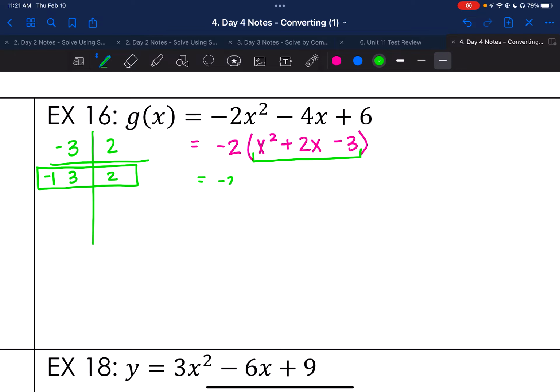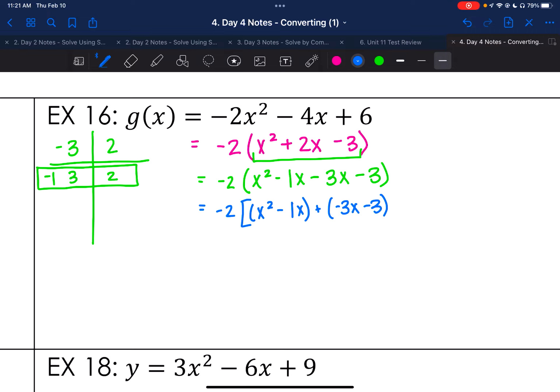So we'll rewrite that, busting up my B term. And then we will group. We'll take the GCF from my first group. My first GCF is x. It leaves me with x minus 1.